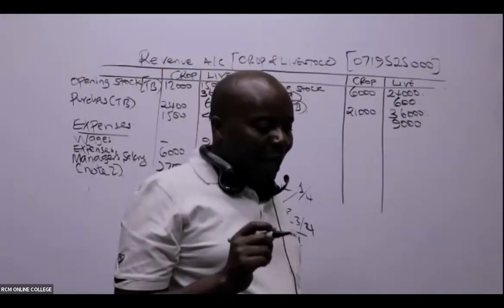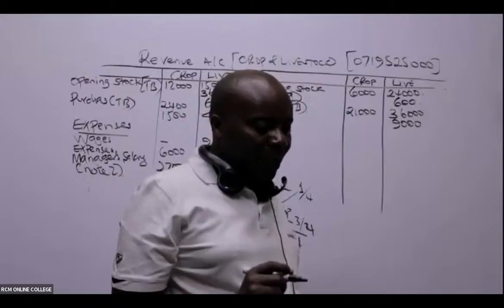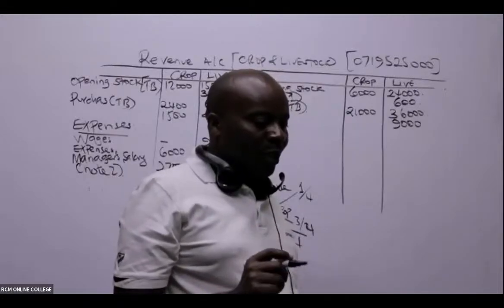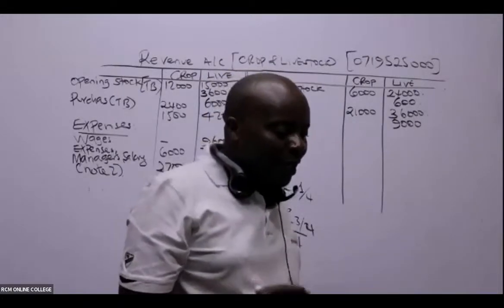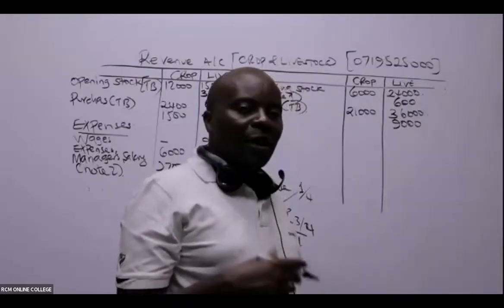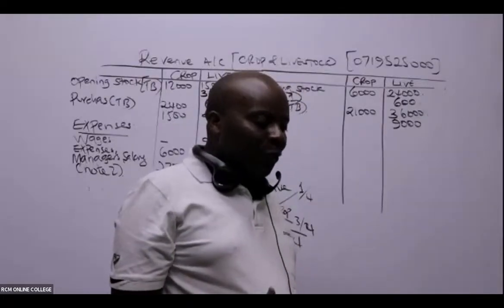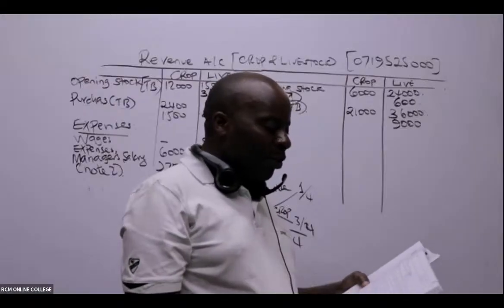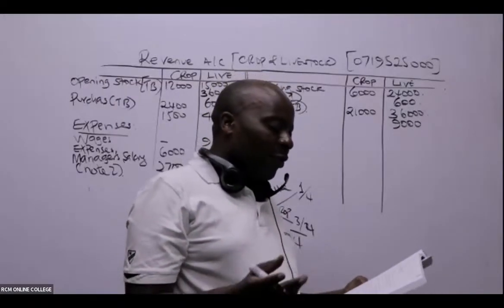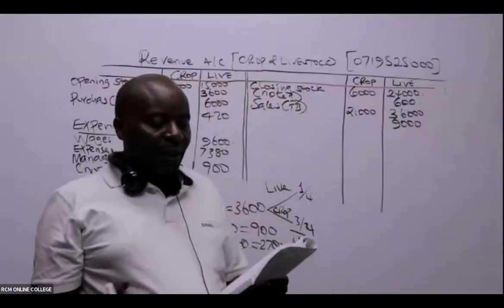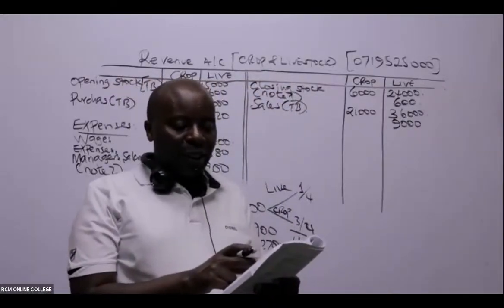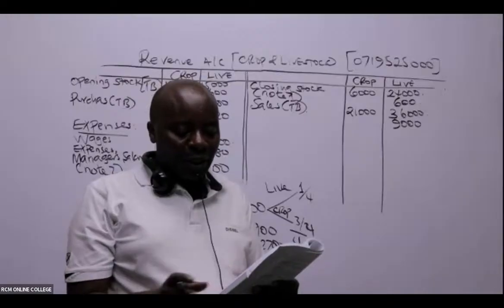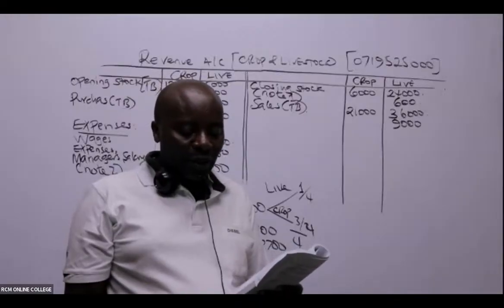Ladies and gentlemen, after that, do we have any other expenditure that should go to the revenue accounts? It will be very easy for us to simply read the notes. If you continue reading these notes, you'll see, for example, note number 3, valuation of farm tools, which will give us depreciation. That can't help us.